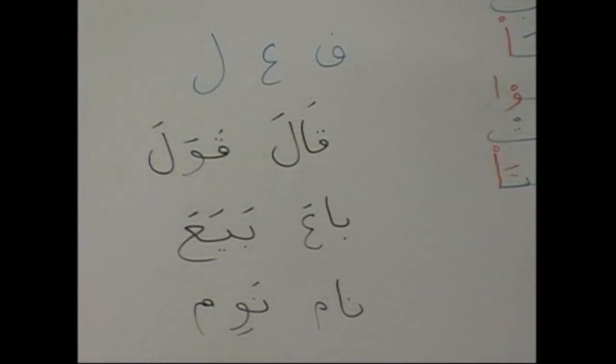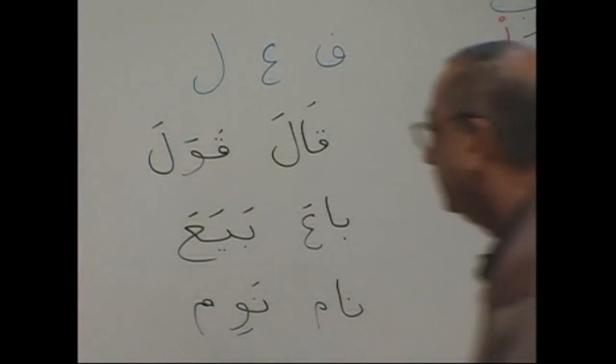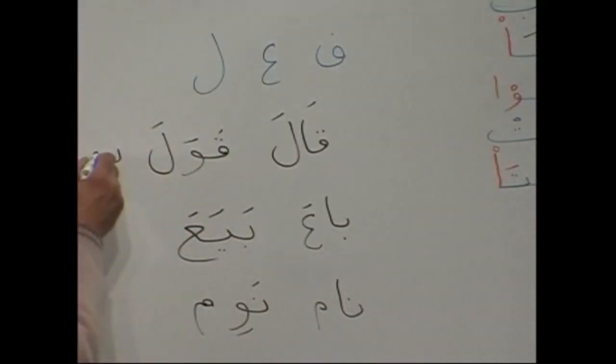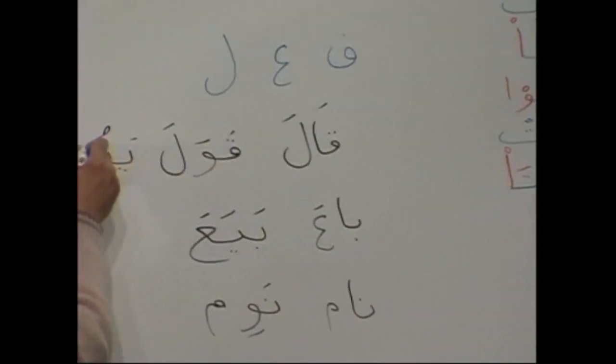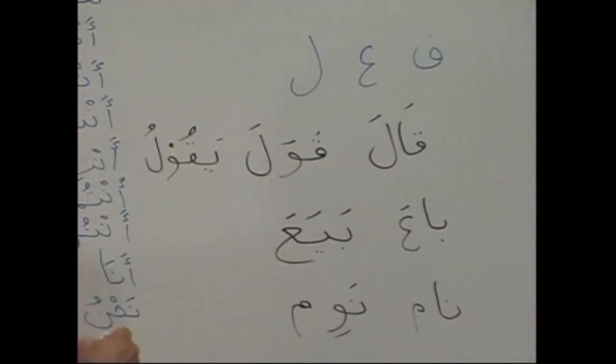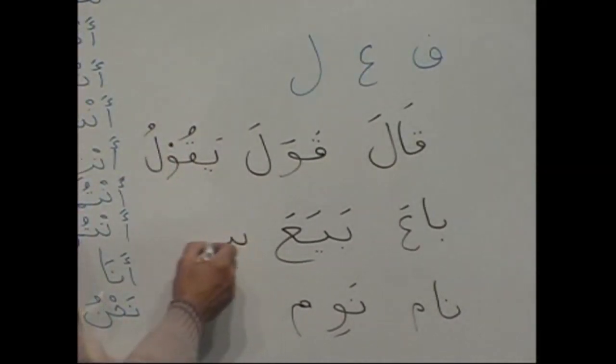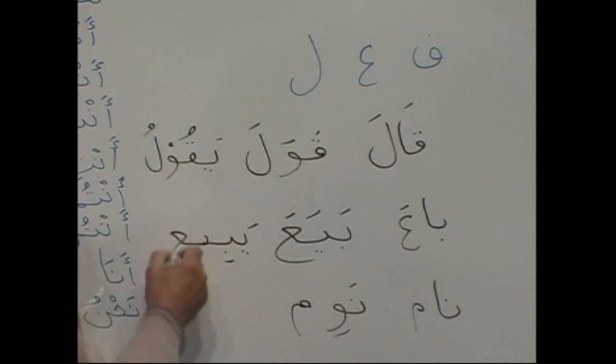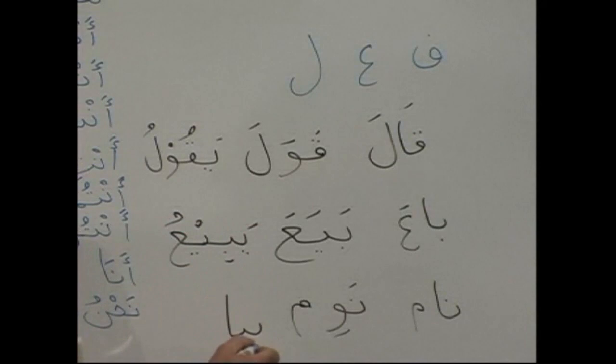Okay, brothers and sisters? So, kala becomes yaqulu. I will write it down, brother. Ya, qu, lu. Ba'a becomes ya, bi, u. And nama becomes ya, na, mu.